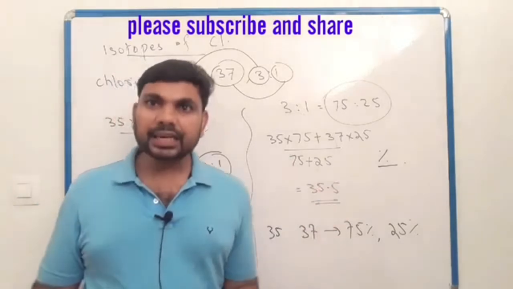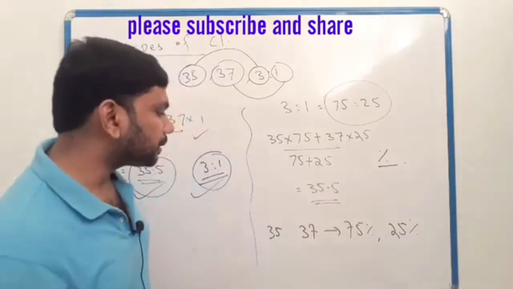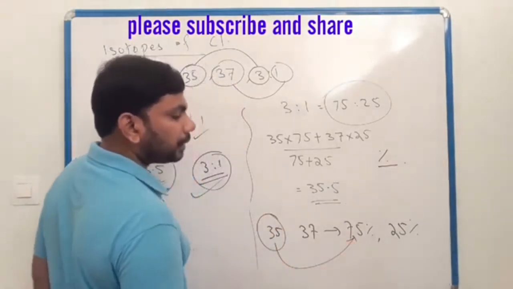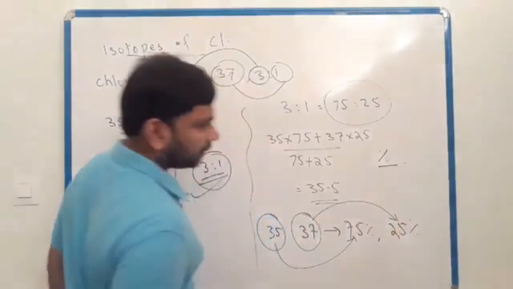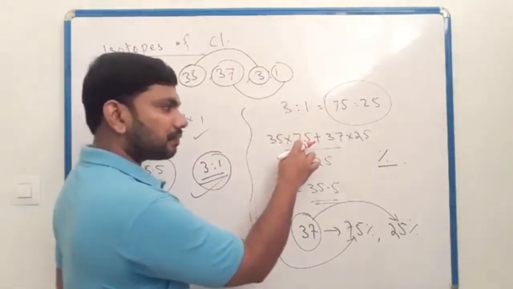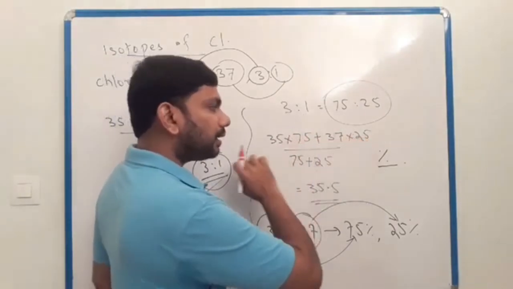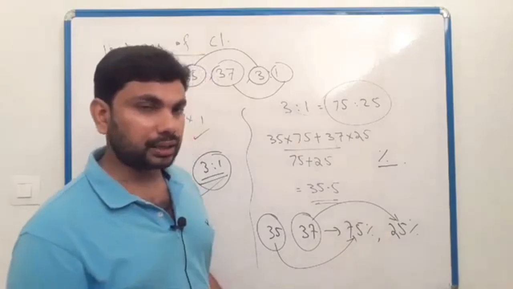Using this percentage, we can find the average atomic mass with the same method. 35 times 75 plus 37 times 25, divided by 75 plus 25, which is 100.